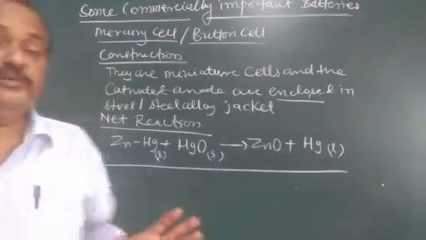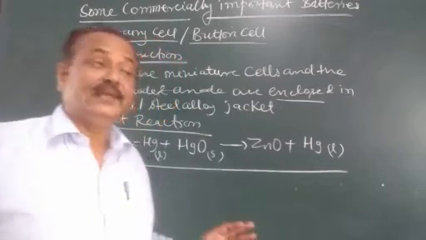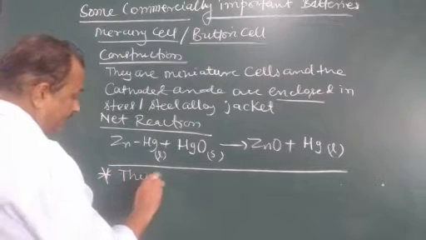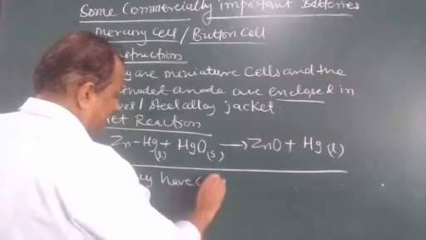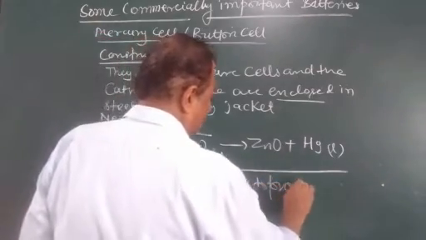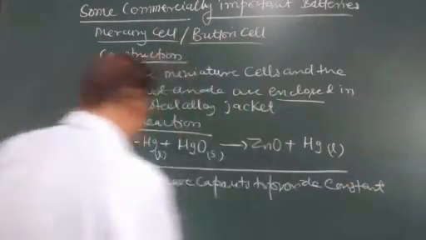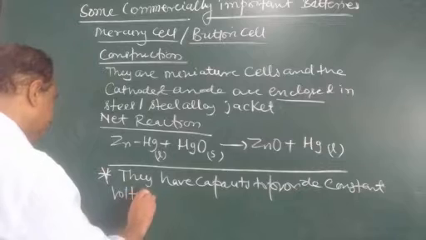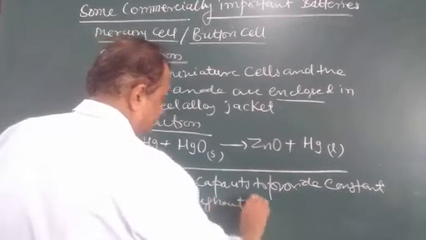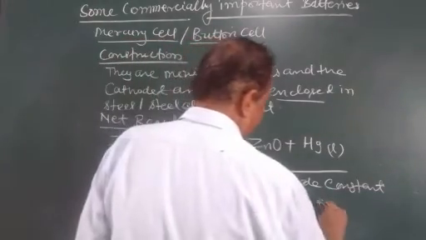Now children, a very important point about mercury cells or button cells is that they have the capacity to provide constant voltage throughout their lifetime.